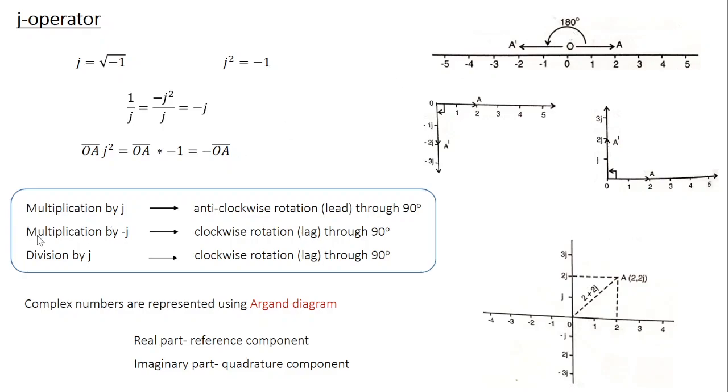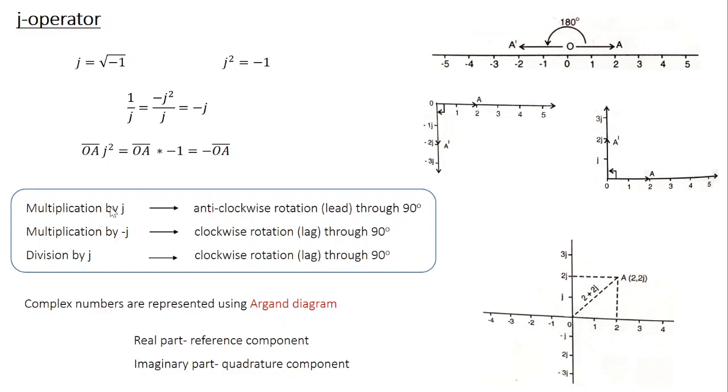So I can say multiplication by J corresponds to an anti-clockwise rotation through an angle 90 degree. We already know that an anti-clockwise angle corresponds to an angle of lead, right? So multiplication by J also corresponds to a lead angle of 90 degree.